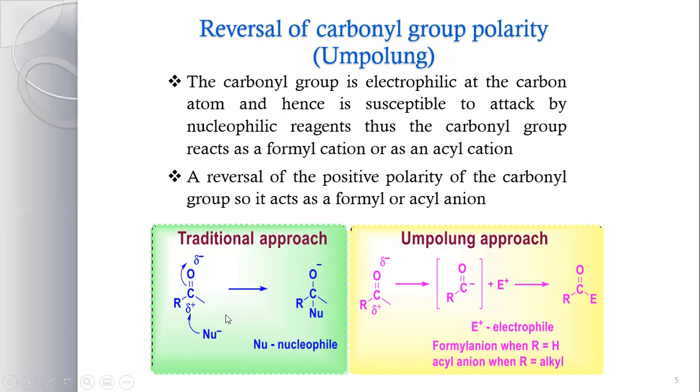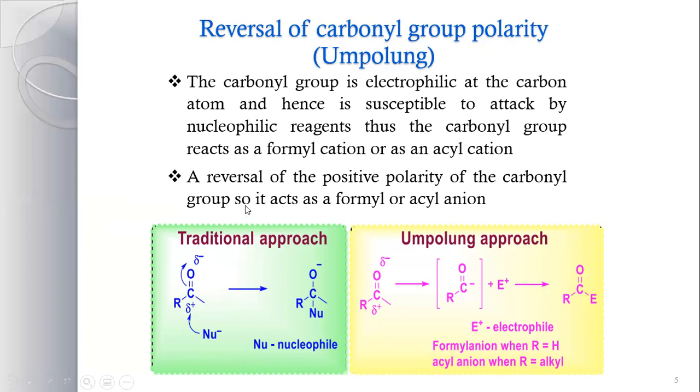In the traditional approach, the carbon of the carbonyl is the electrophile because polarity is induced by the electronegative oxygen atom. Electron concentration moves to the oxygen and leaves the carbon electropositive, so it is susceptible to nucleophilic attack. This is the traditional approach of the carbonyl.